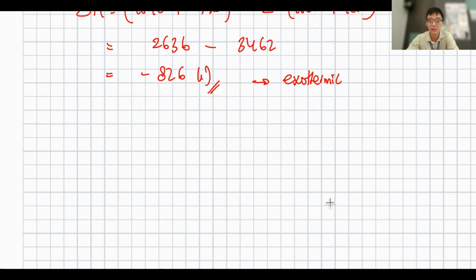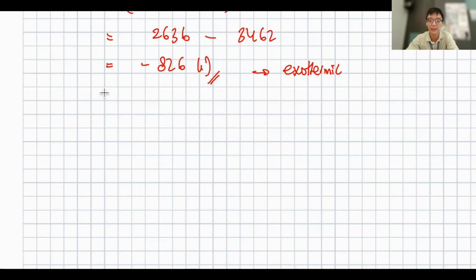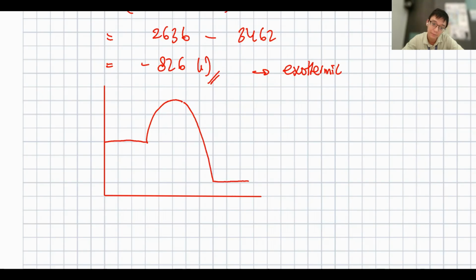Now, if the question asks you to draw the energy level diagram, then we can draw it neatly. Initially, let's say that the energy level starts from here. Then, oh wait, this is exothermic, so it's better to start a little bit higher. Then it needs a certain activation energy, then it goes down.